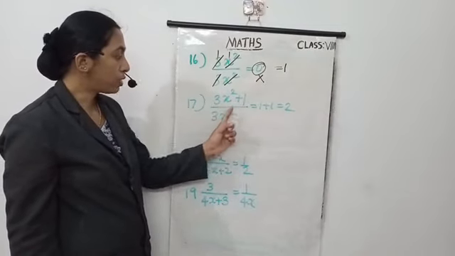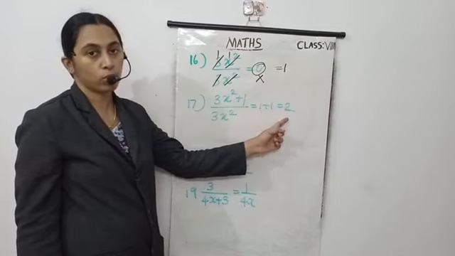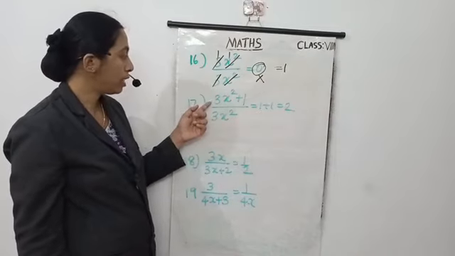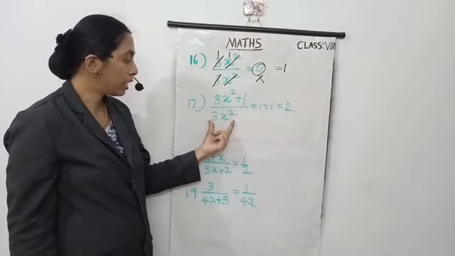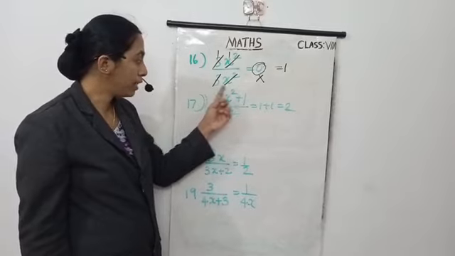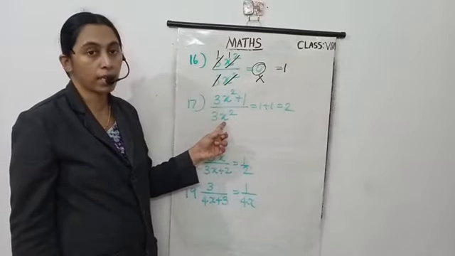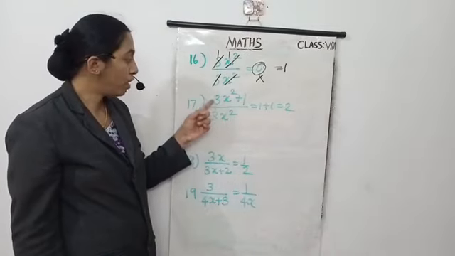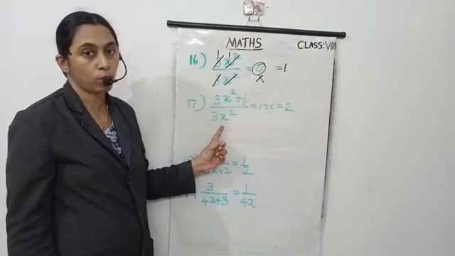3x square plus 1 by 3x square equal 1 plus 1 equal 2. Is it correct? 3x square plus 1. This is a polynomial divided by a monomial. A rule: if in the numerator polynomial is divided by a monomial, divide each term of the polynomial by that monomial.